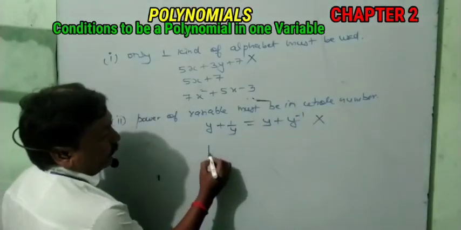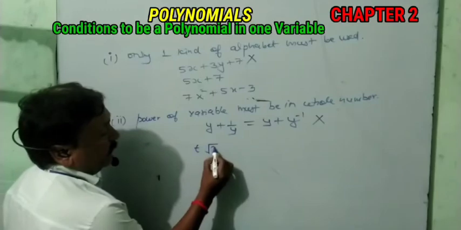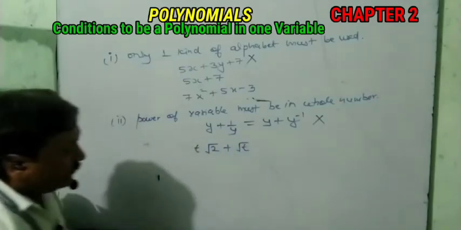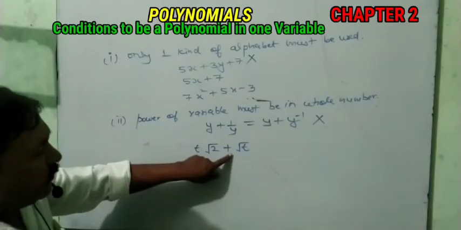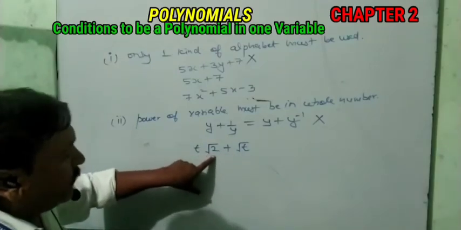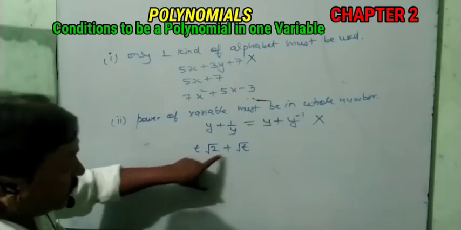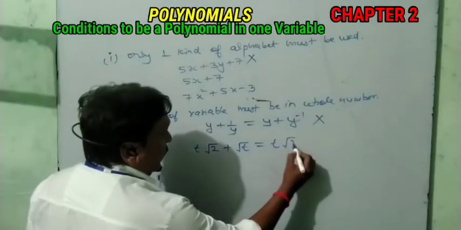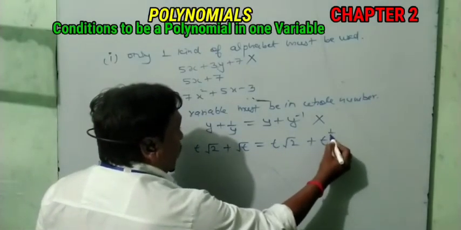Again, t root 2 plus root t. In this I have used the variable t, it is no problem. Root 2 is a number, we don't consider it. Here, root t is actually t raised to the power 1 upon 2.